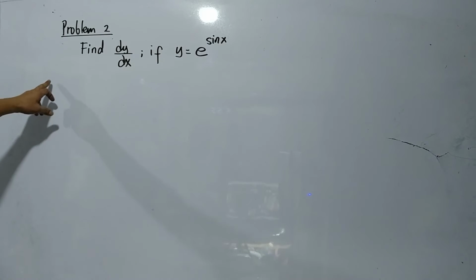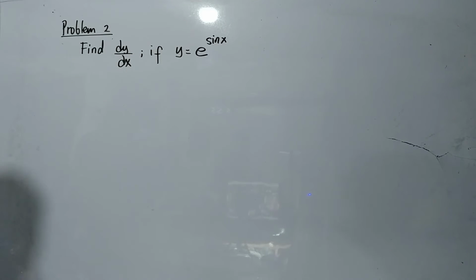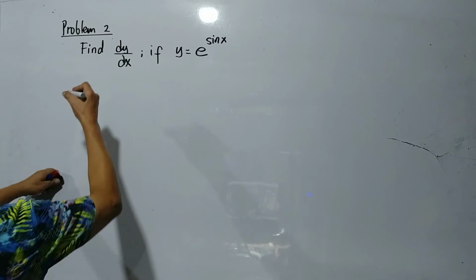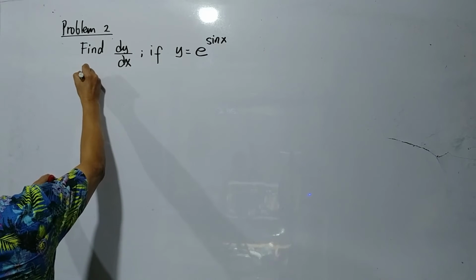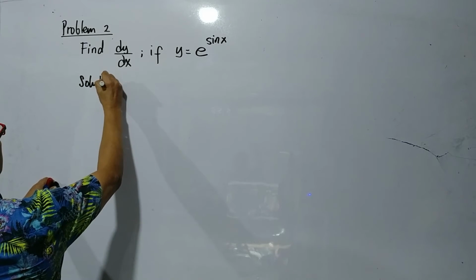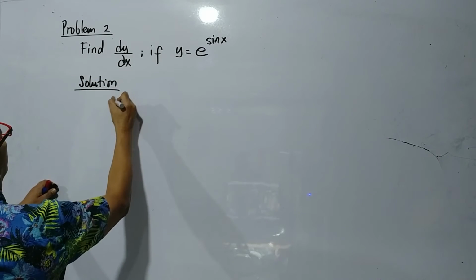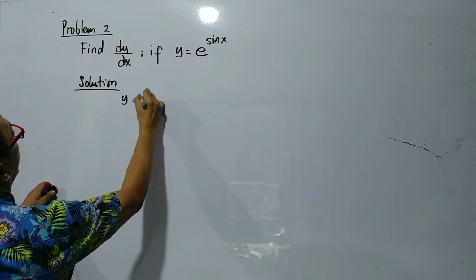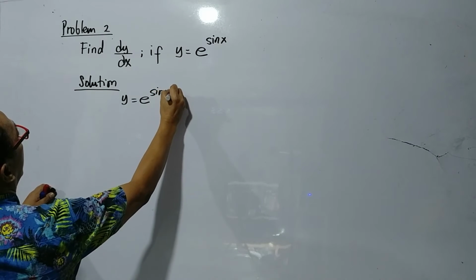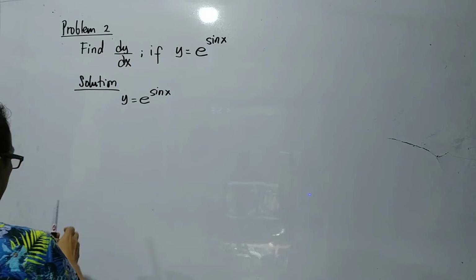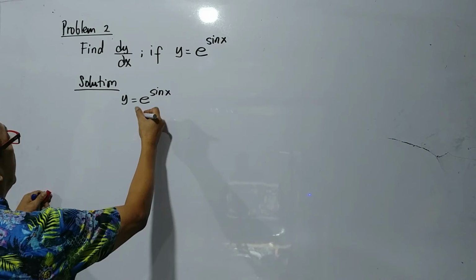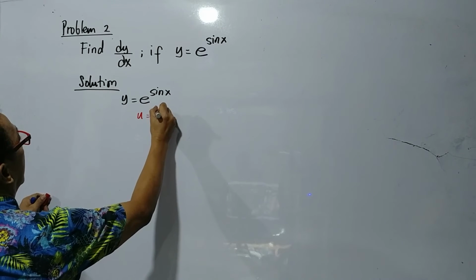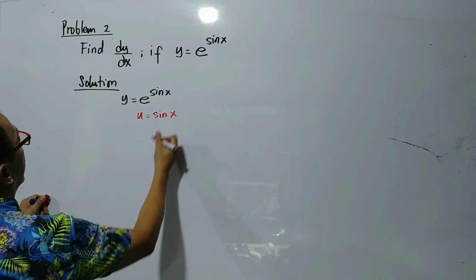Okay, for our second problem, we have find dy dx if y is equal to e to the sine 2x. So to solve it, our y is equal to e to the sine x. Our u here is sine x.